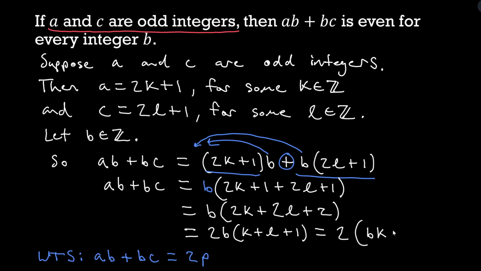But eventually what I got to is that, hey, ab plus bc is in fact equal to 2 times bk plus bl plus b. This is a bunch of integers being multiplied and added together, so we know it's an integer, and so we can make our couple of sentences concluding this proof and saying, hey, since this is an integer, we've just shown that a times b plus b times c is 2 times an integer, and therefore it's even. All right, hopefully this example made sense.